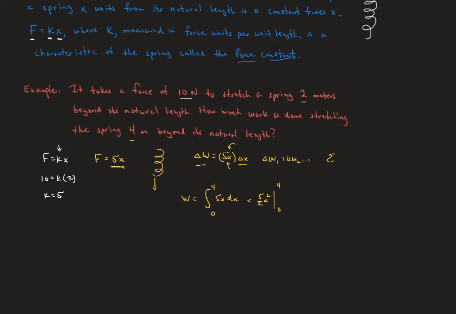When we plug in that 4, we'll get 16. So that's going to be 5/2 times 16 minus 5/2 times 0. So we can cancel the 2 with the 16, and we'll end up with 40. And since our measurements were in newtons and meters, a newton meter is what we have called a joule, and that's a unit of work. All right, very good.